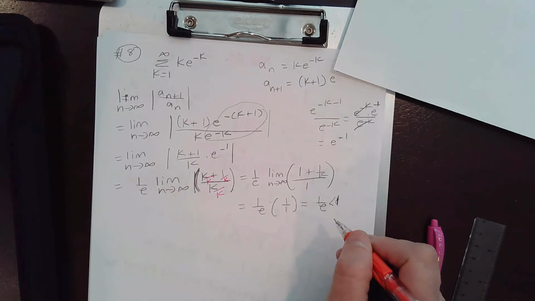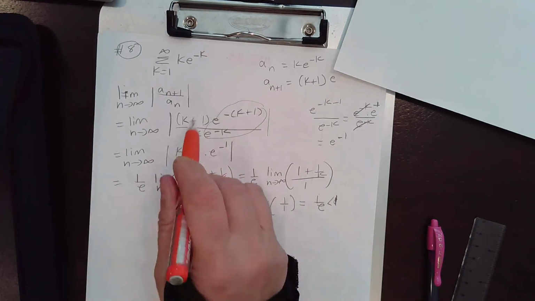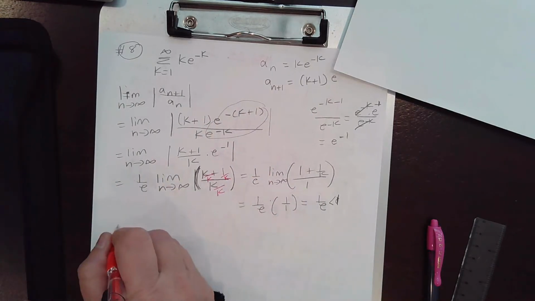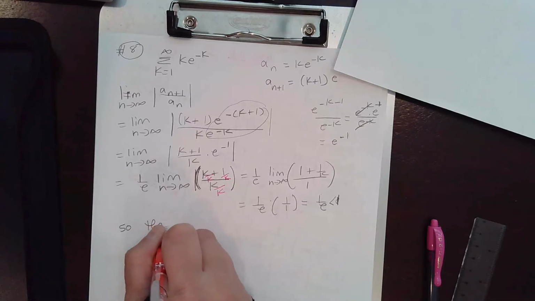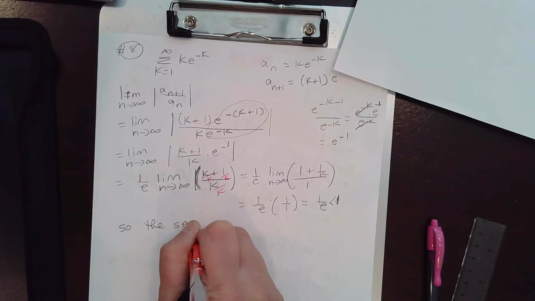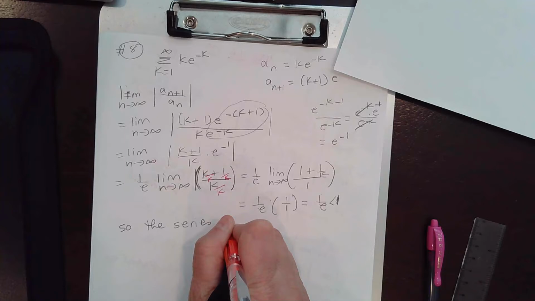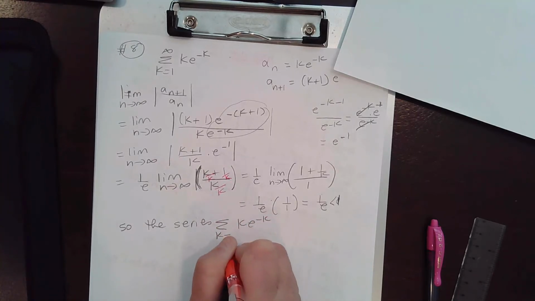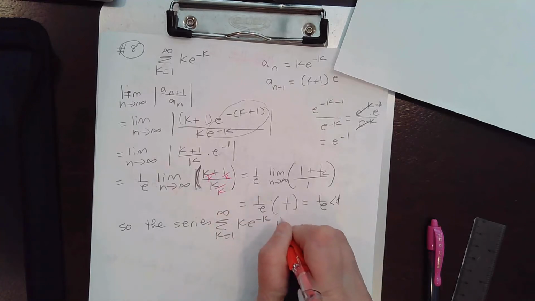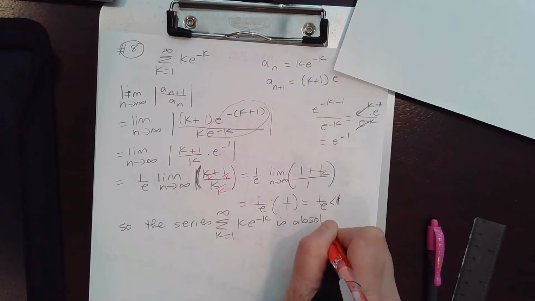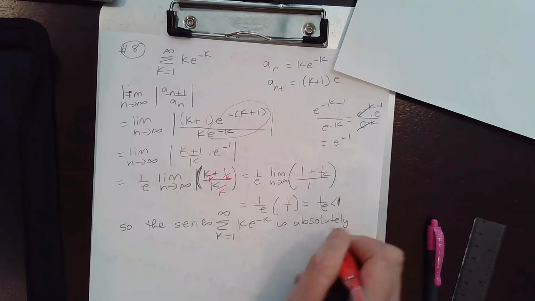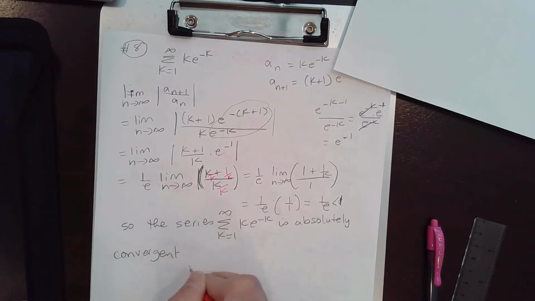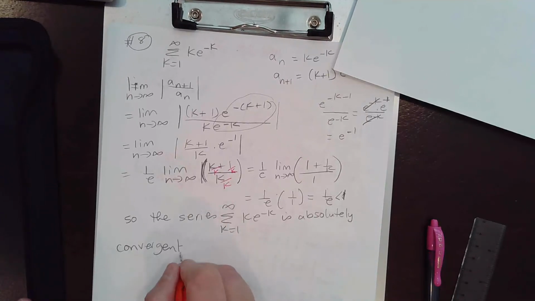So the series is absolutely convergent by the ratio test.